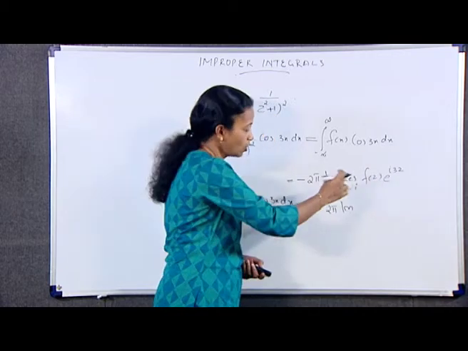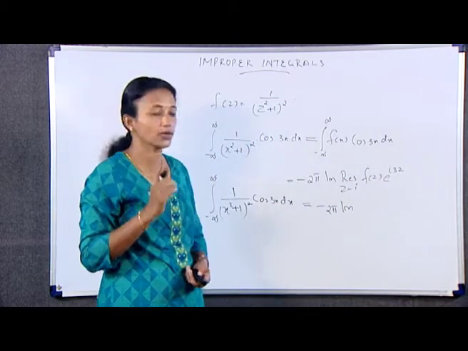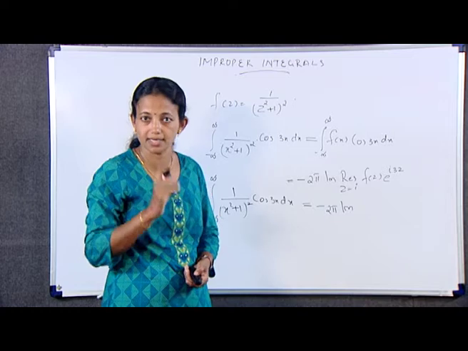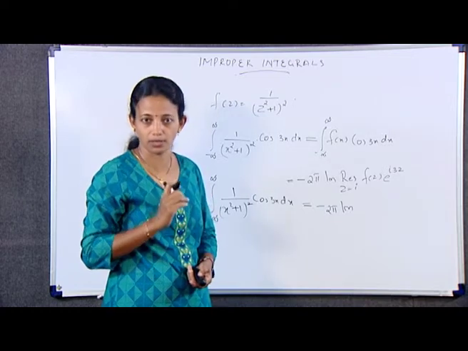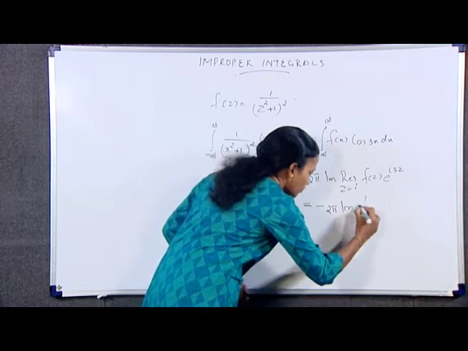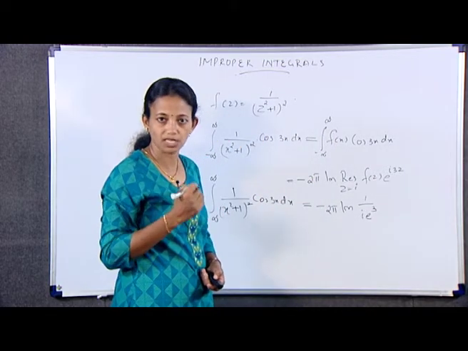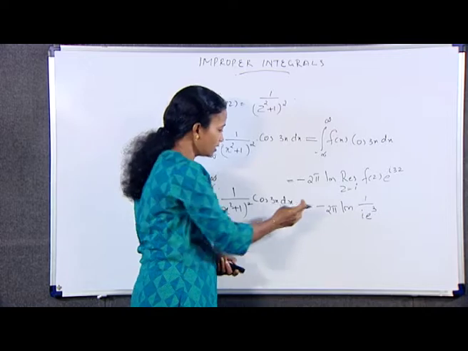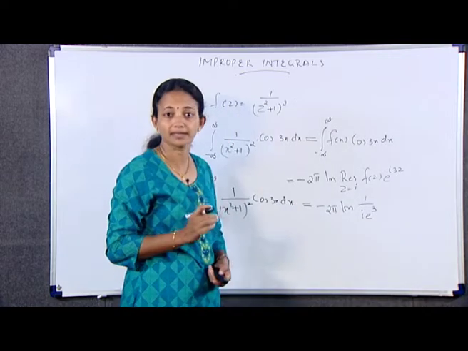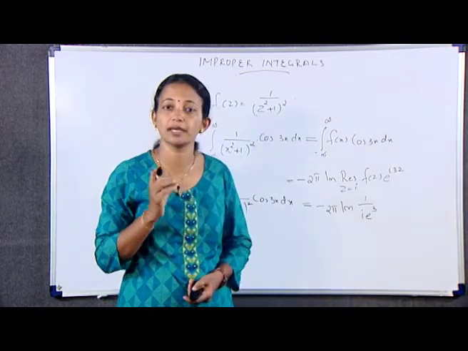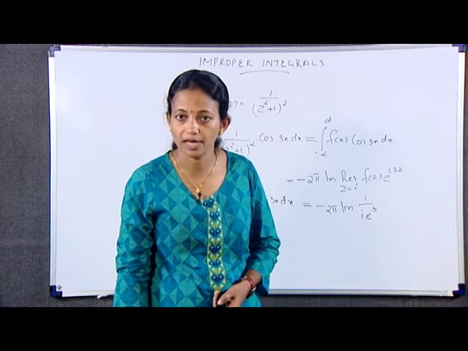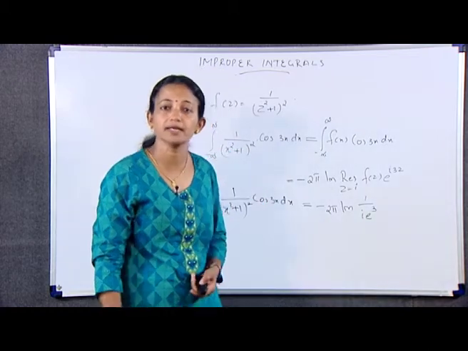The value of residue at z equals i of f(z) e raised to i3z is 1 by i e raised to 3. So, here we have 1 by i e raised to 3, which is equal to minus 2 pi imaginary part of minus i by e raised to 3. The value is equal to 2 pi by e cube.